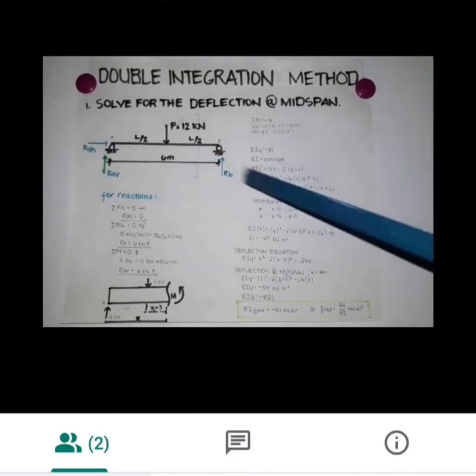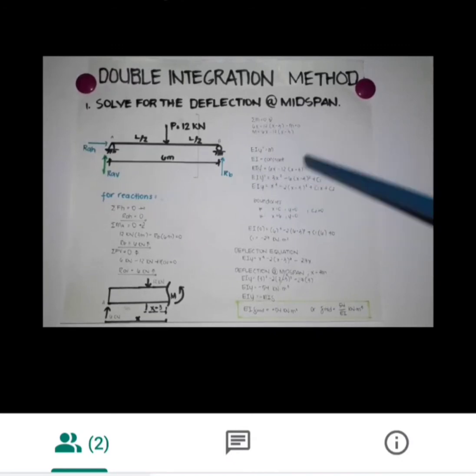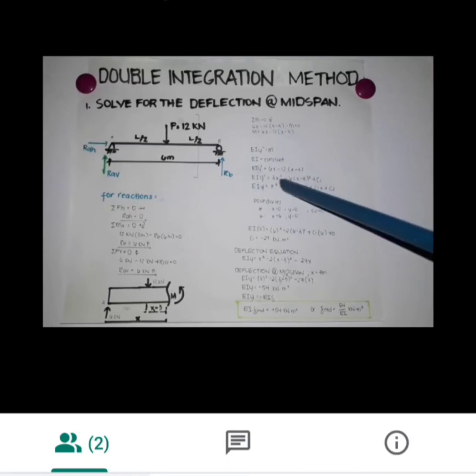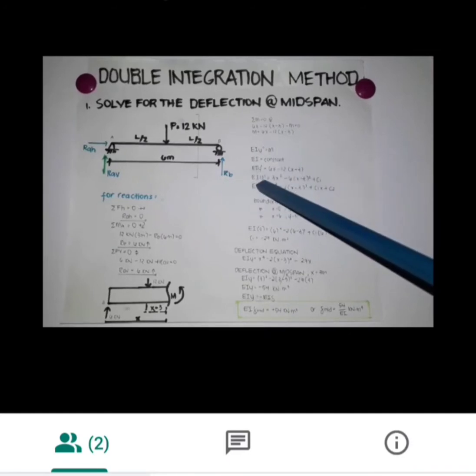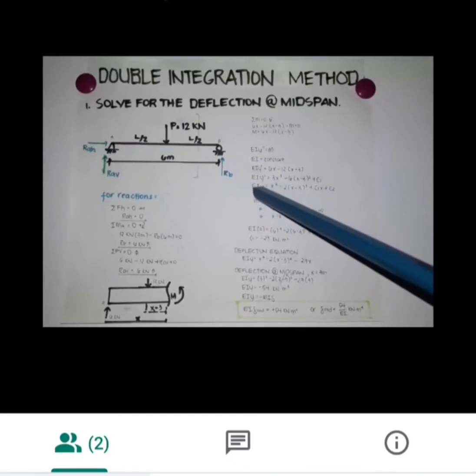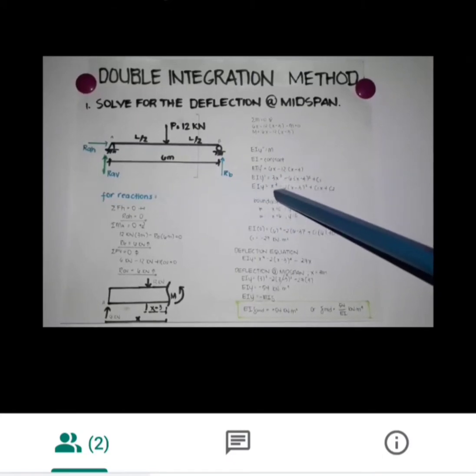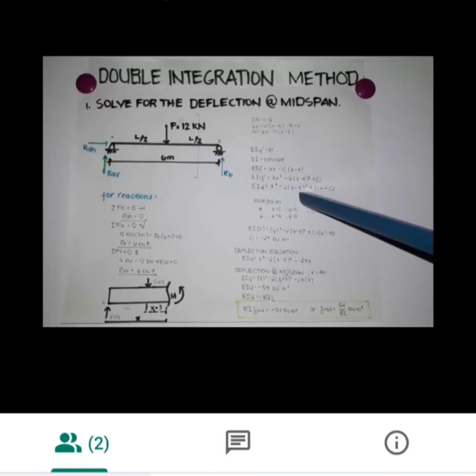Pag in-integrate natin siya, EI y double prime maging EI y prime, 6x over 2 maging 3x squared minus 12, and EI y prime maging EI y, 3x squared over 3 maging x cubed minus 6 over 3 maging minus 2(x minus 3) cubed plus c1 x plus c2, kasi nag-integrate tayo, magdadagdag ulit tayo ng constant.